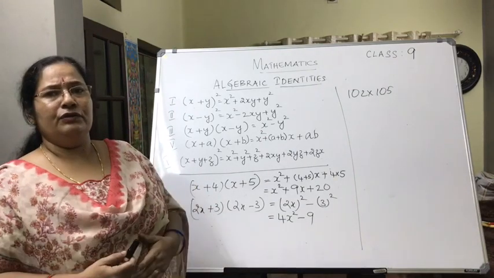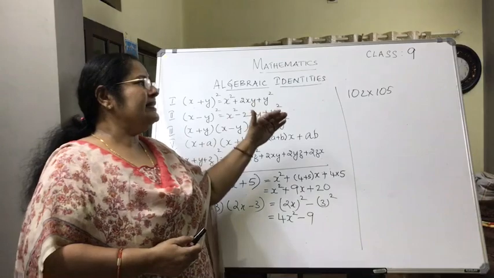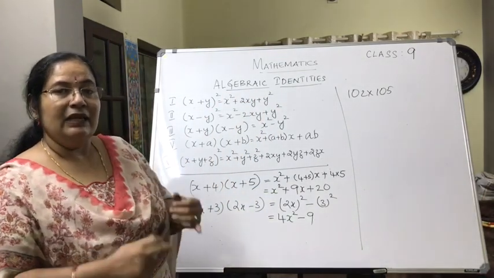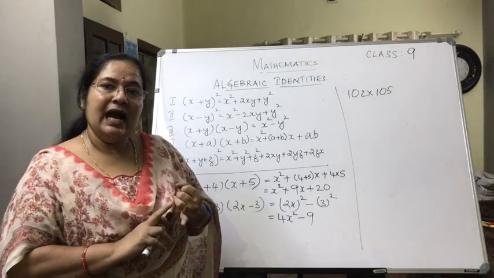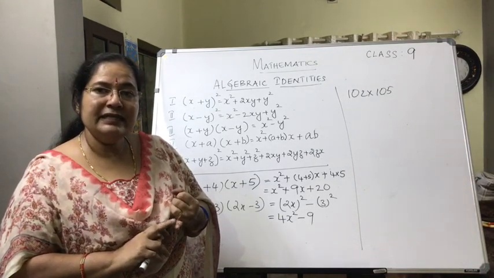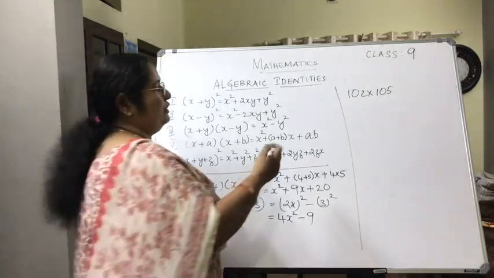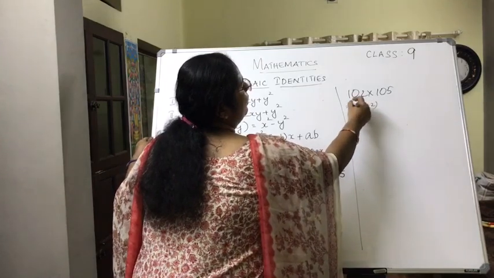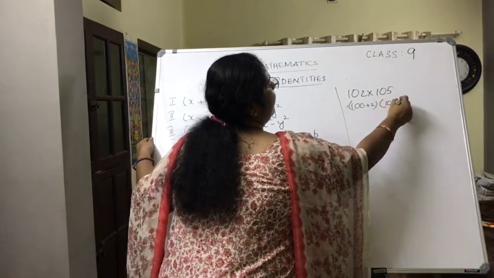Now how are you going to do this? We will be splitting this: 102 can be written as 100 plus 2 and 105 can be written as 100 plus 5. So this will be (100 plus 2) into (100 plus 5).